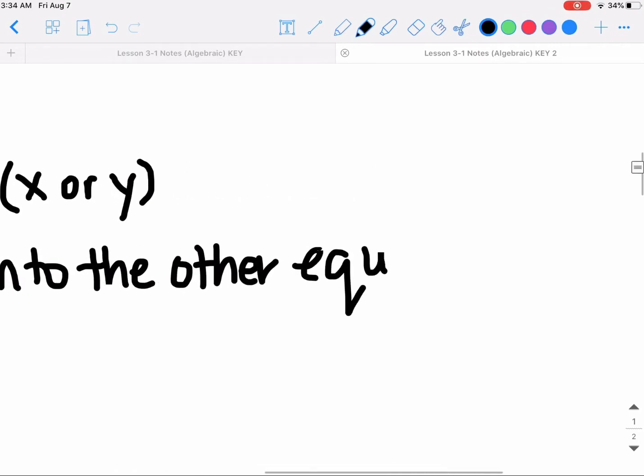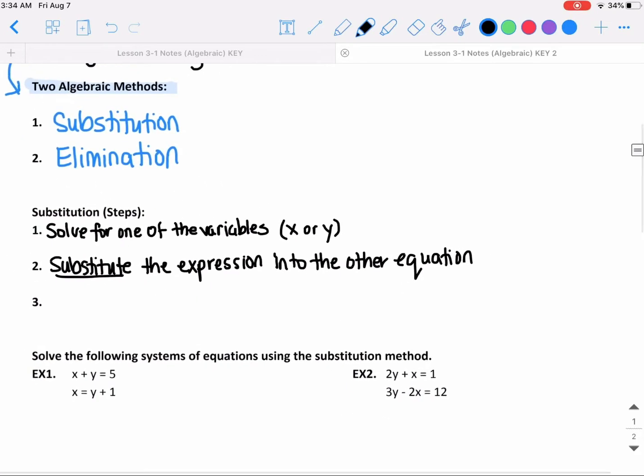So for the first step, you're just going to pick one of the equations in the system, and you're going to use that one to solve for one of the variables. Then you'll substitute whatever expression you get into the other equation. After you plug the expression into the other equation, you're going to solve and get a number for the variable, and you're going to take that variable, plug it into whichever equation you want to solve for the variable you don't have.